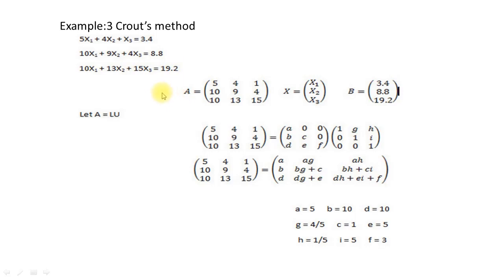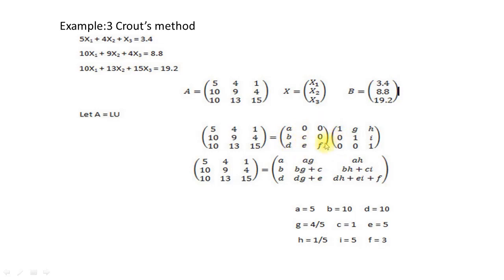In the Doolittle method, we put 1, 1, 1 on the diagonal of the lower triangular matrix, and in the Crout's method, we put 1, 1, 1 on the diagonal of the upper triangular matrix. So in this case, in the upper triangular matrix, we have 3 unknowns G, H, I, and in the lower triangular matrix, we have 6 unknowns A, B, C, D, E, F.